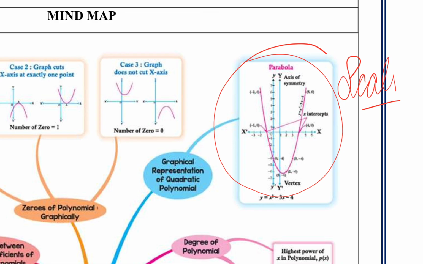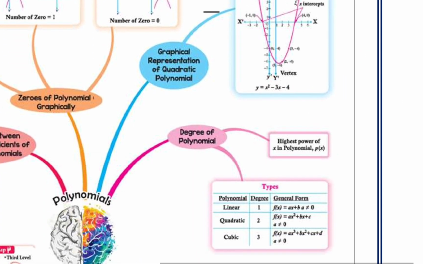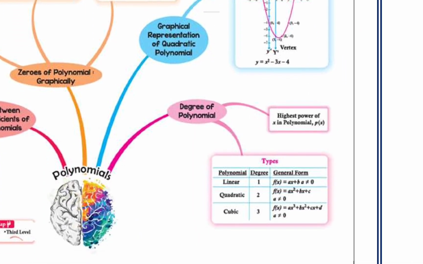The x-axis and y-axis coordinates, x dash, y dash, and the minus sections are also there. You have to mention these very properly in the answer sheet to get good marks. Next, we move to the higher power of x in the polynomial p of x, and some of the logic we will see here.